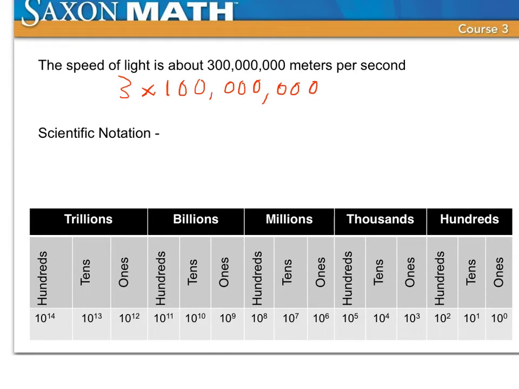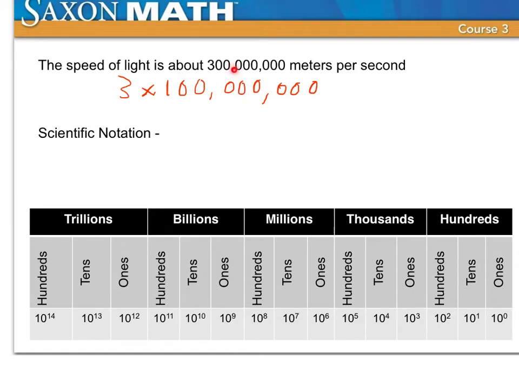Scientific notation, if you remember, we want to rewrite this number so that we have a number between 1 and 10 to start with. So what I'm going to ask myself is where could I put a decimal in this number to make it between 1 and 10? Well, I can't put it here because that would be 300.